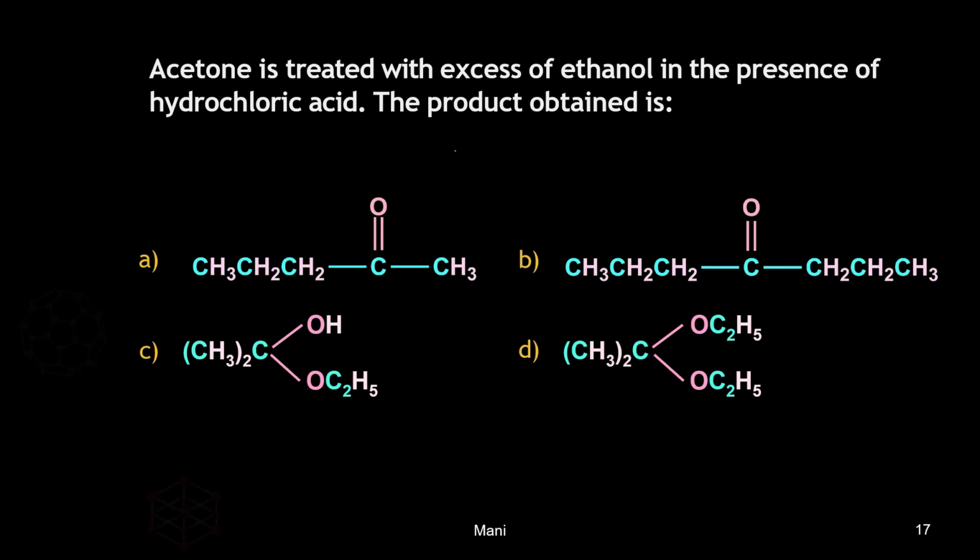So tell me what will be the product? Acetone, is that an aldehyde or ketone? Ketone. So that ketone, when it reacts with ethanol, an alcohol, what will it form?